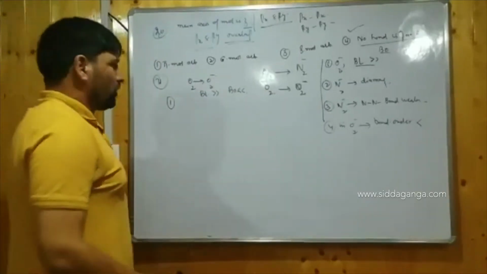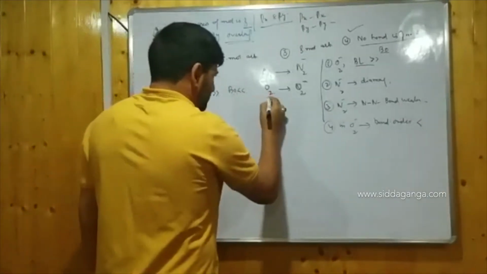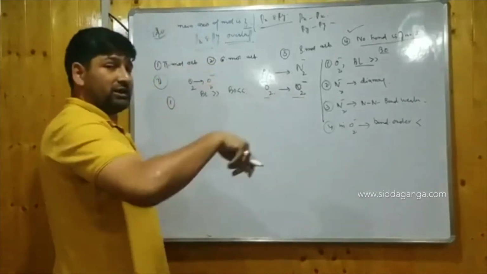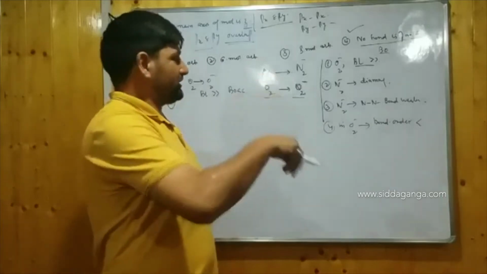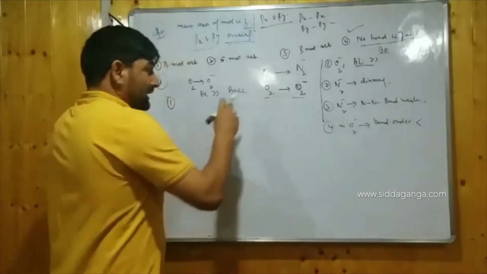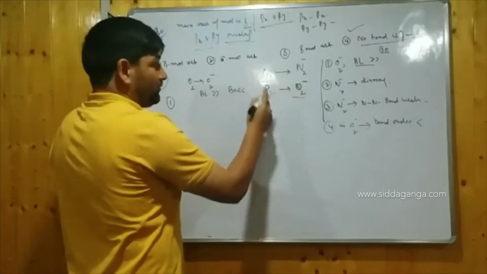Clear? Now look on oxygen. We know when oxygen is converted to O2 minus, electrons are added to bonding or antibonding. They are added to antibonding, and we already know when the electron is added to antibonding, because children, the outer electronic configuration of O2 is what?